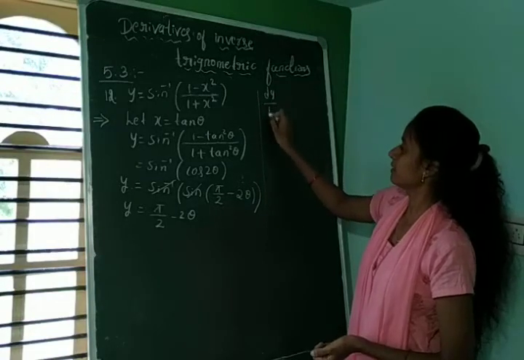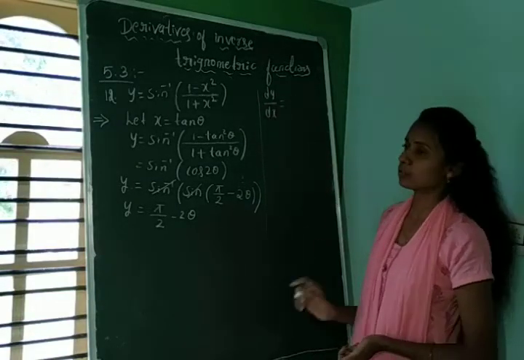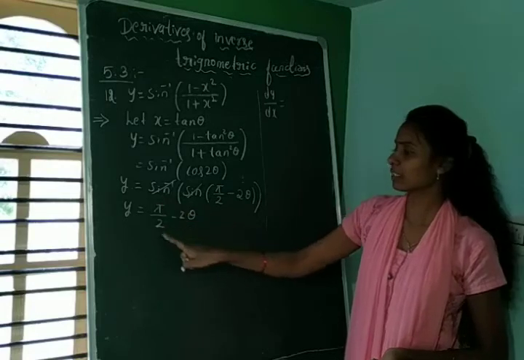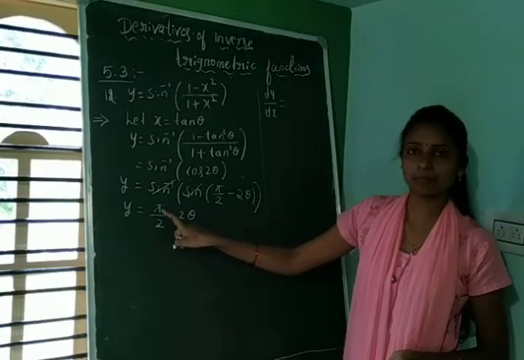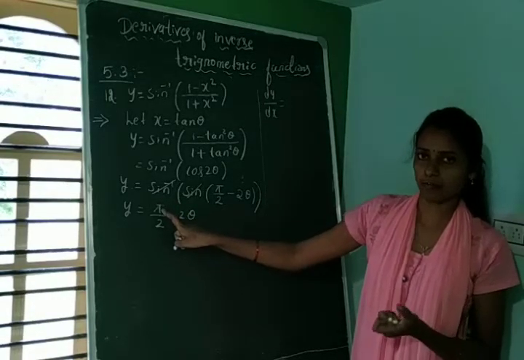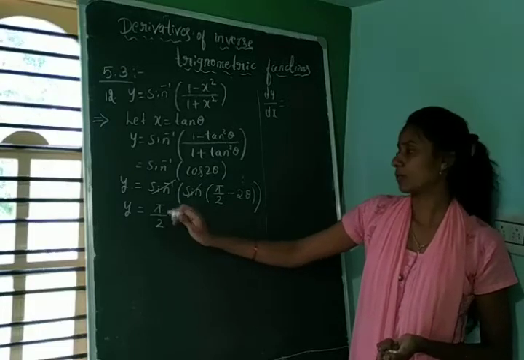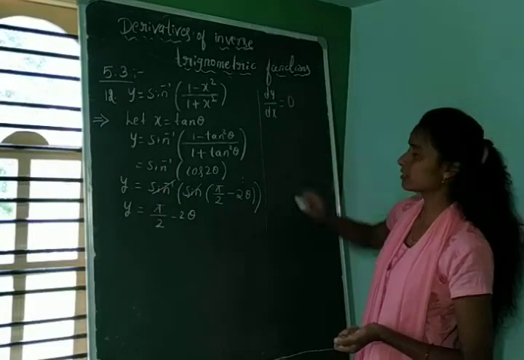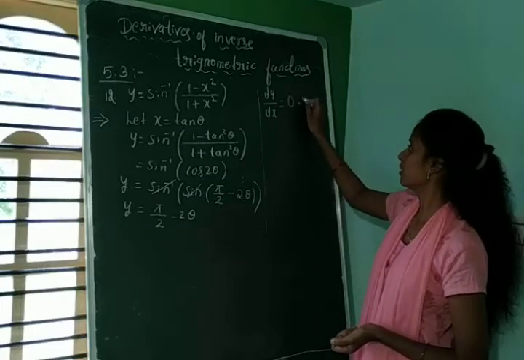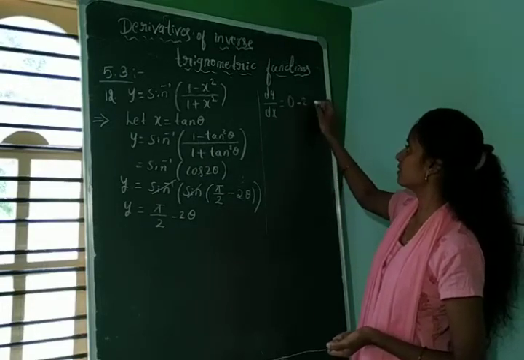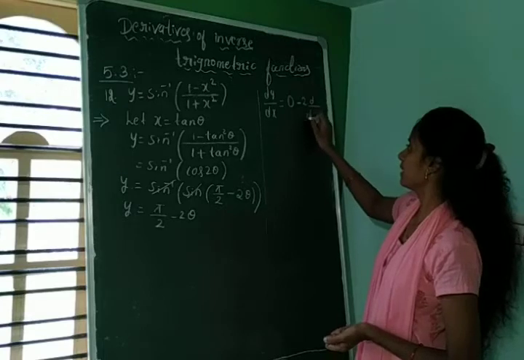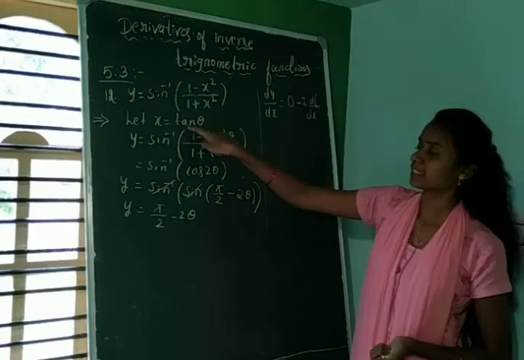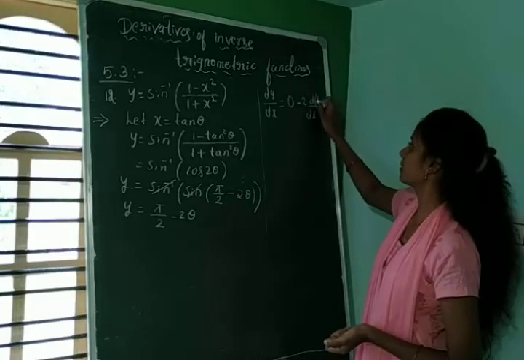So here let's just write it. dy by dx is equal to the derivative of pi by 2. This whole thing is a constant. Pi is a standard value, 3.142, divided by 2. Again you will get a real value and it is a constant. Therefore this is 0 minus 2 into d by dx of theta, which is tan inverse of x.